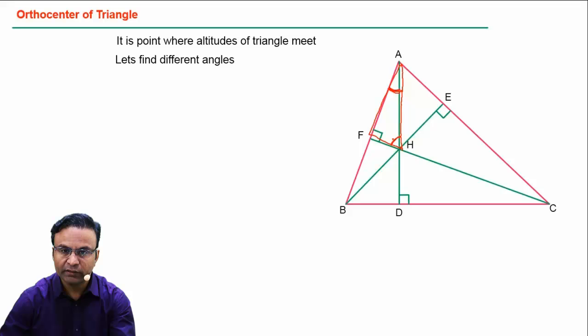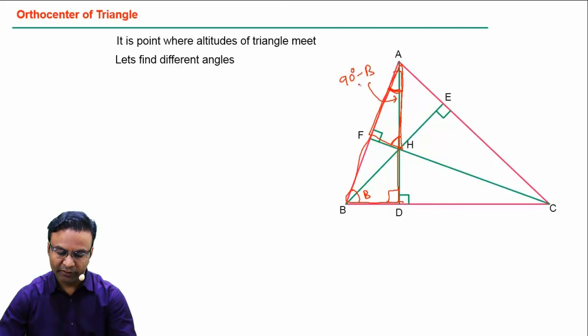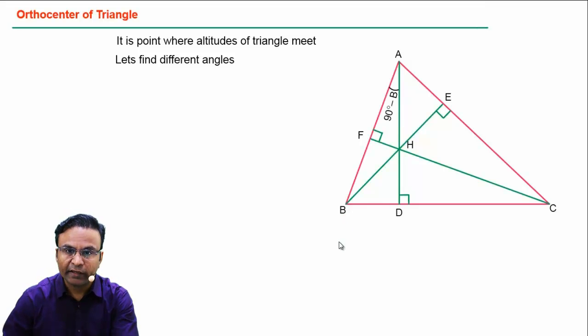So we consider another triangle, triangle ADB. Now in this triangle, this angle is 90 degrees and this angle is B. So what is this angle? This angle is 90 minus B. So we have angle FAH is equal to 90 minus B.